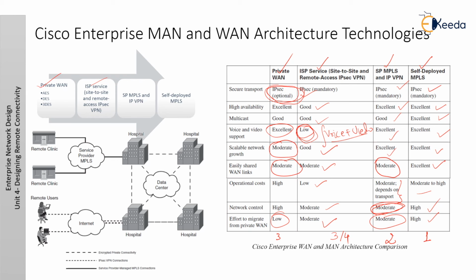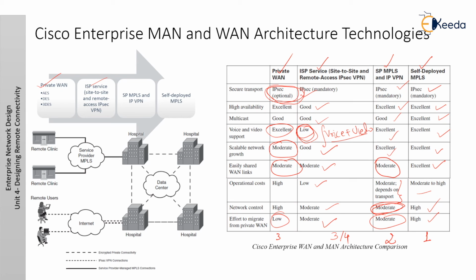However, if support for delay sensitive advanced applications such as voice and video is required, an IP security VPN should be implemented over the SP's private network where an adequate level of quality of service is assured to support voice and video traffic.